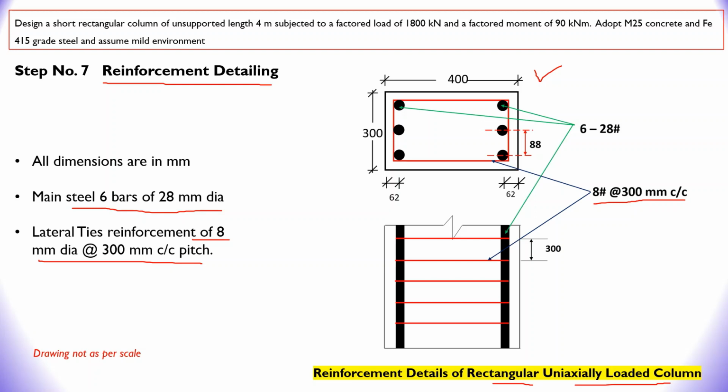The spacing between these adjacent bars comes out to be 88, and these black color bars are the main or longitudinal reinforcement. They are 6 numbers of 28 mm dia bars, and the spacing between transverse reinforcement, that is the pitch of the lateral tie, is 300 millimeter.